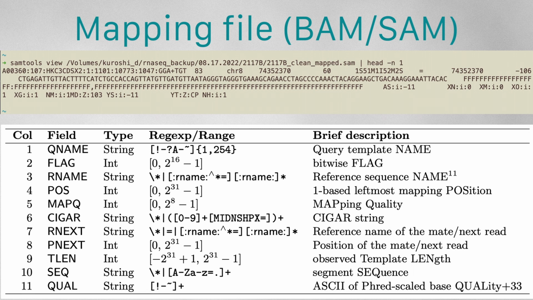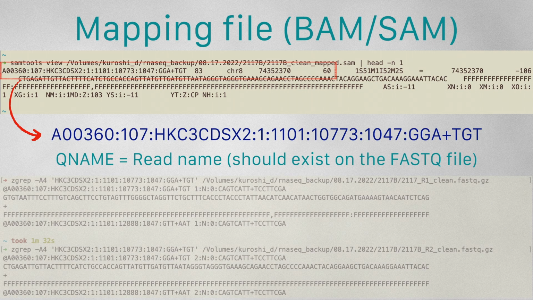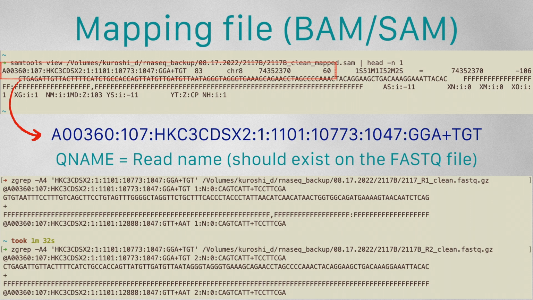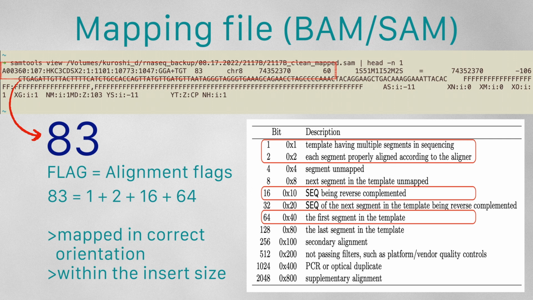We can get a good impression of the alignment to the reference based on the first 5 columns of this file. The first column is simply the query name or the read name, which is usually assigned by the sequencing facility. Next is the alignment flags. Here we have a value of 83, which corresponds to a mapping with correct orientation and insert size, which means that this is an informative mapping.